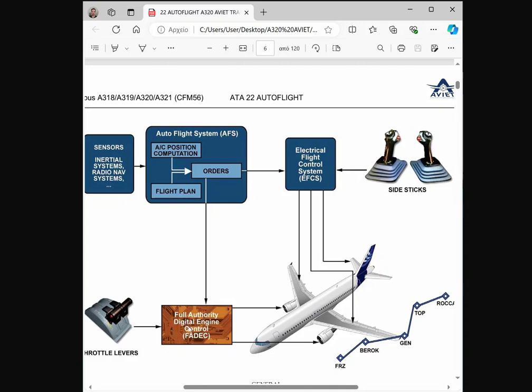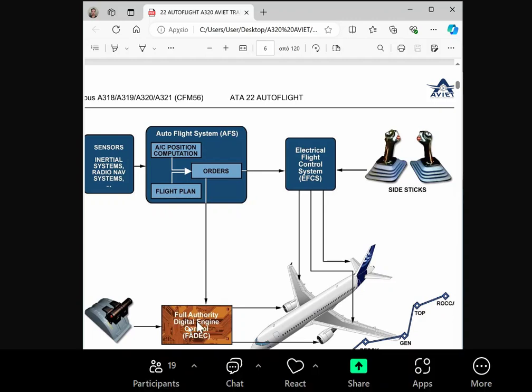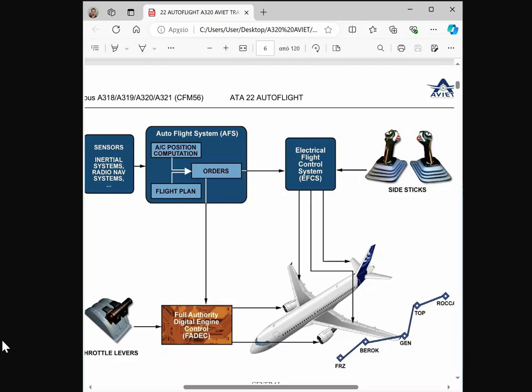So when we want to increase the speed, is it possible to increase the speed when the autopilot is engaged? Of course, it's possible by disengaging the autopilot, by pushing the red button on the throttle lever. We can also do it from the FCU, no need to disconnect the autopilot.